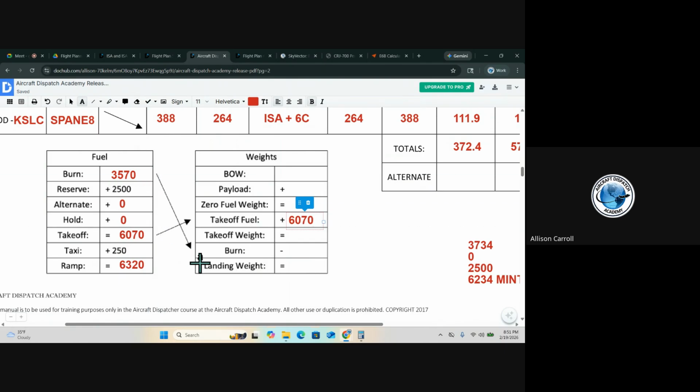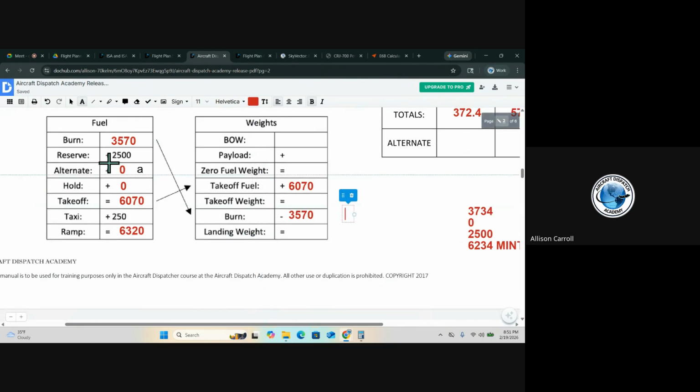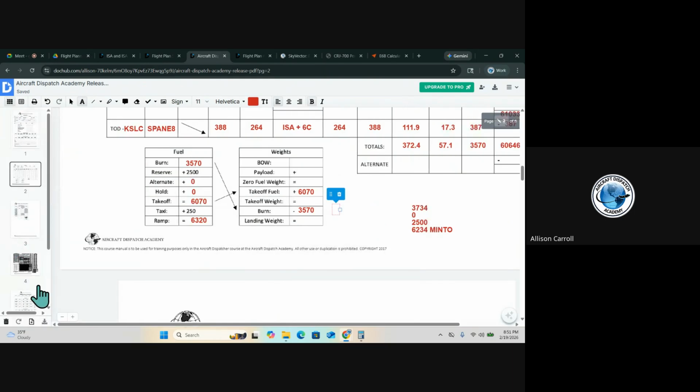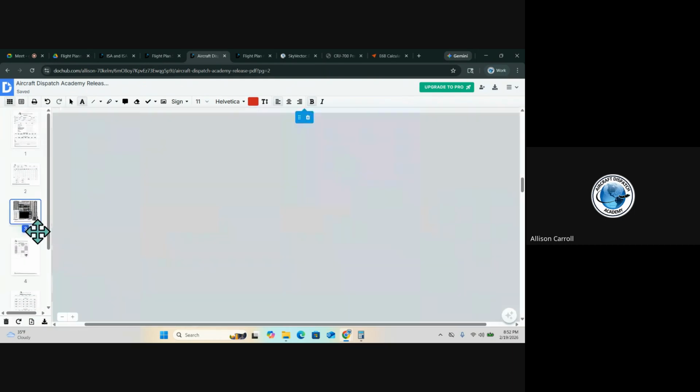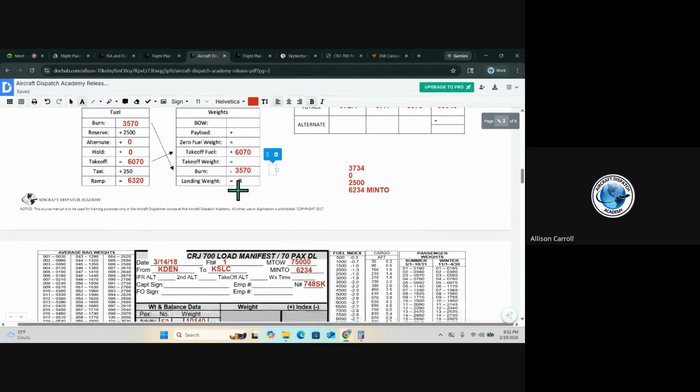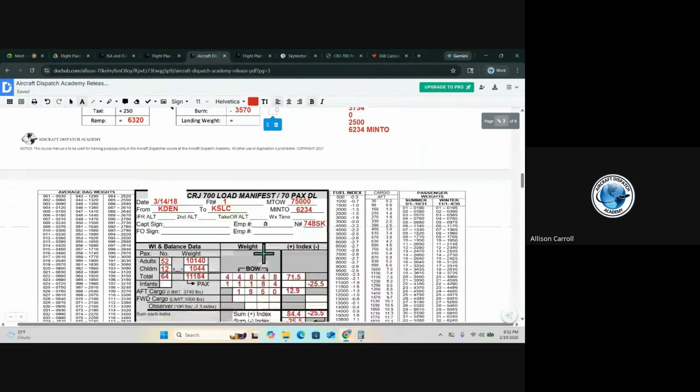And our actual burn over here is this 3570. Now all of these other numbers, we've already found them. Remember when we did our weight and balance. I'm going to make it easier on myself and shift this. There we go. This will make it easier for us to refer back to.